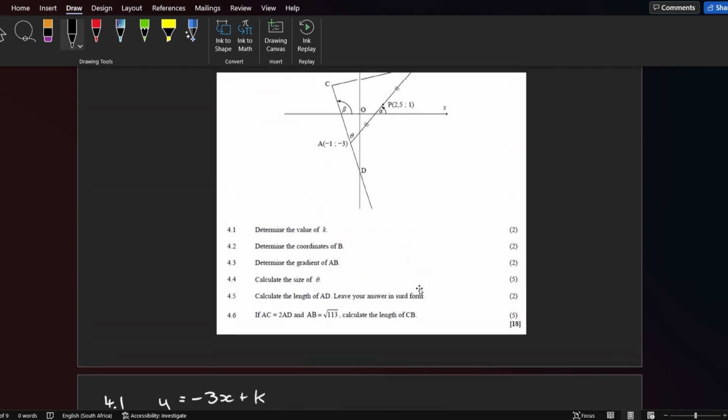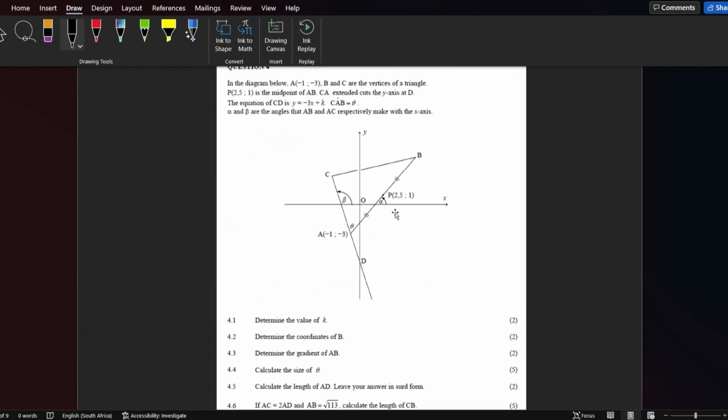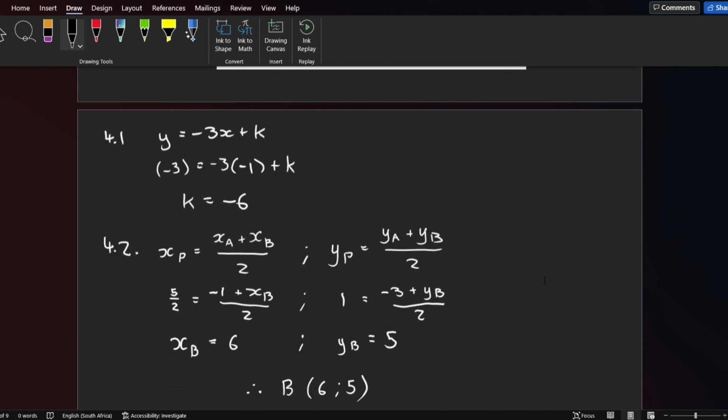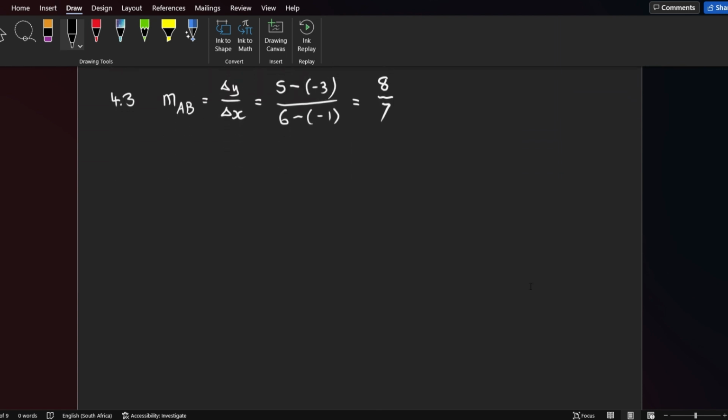And obviously we will need the gradients of each line. So we've already solved for the gradient of AB, and for CD we were given the equation. So we know that the gradient of CD will be negative 3. So that's the two gradients that we will use in this calculation. So 4.4.